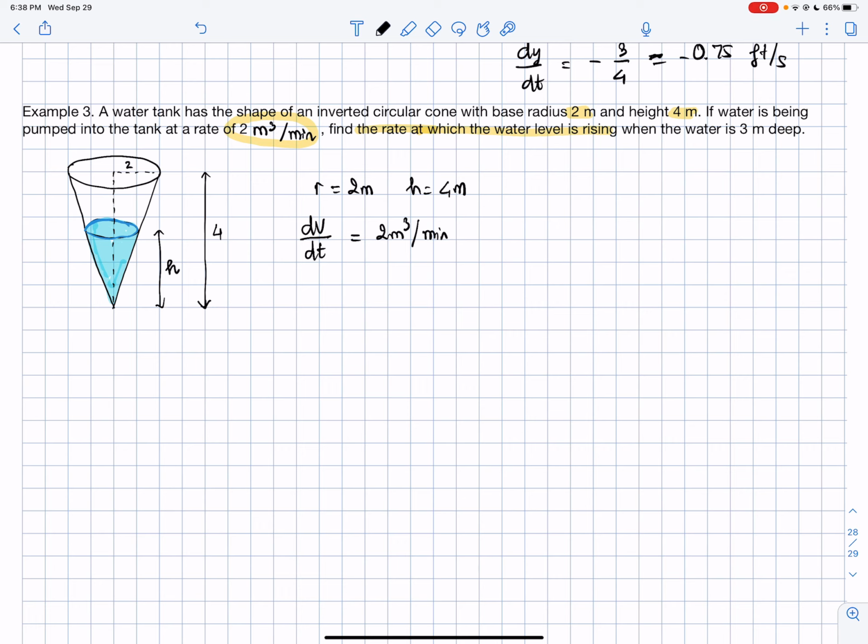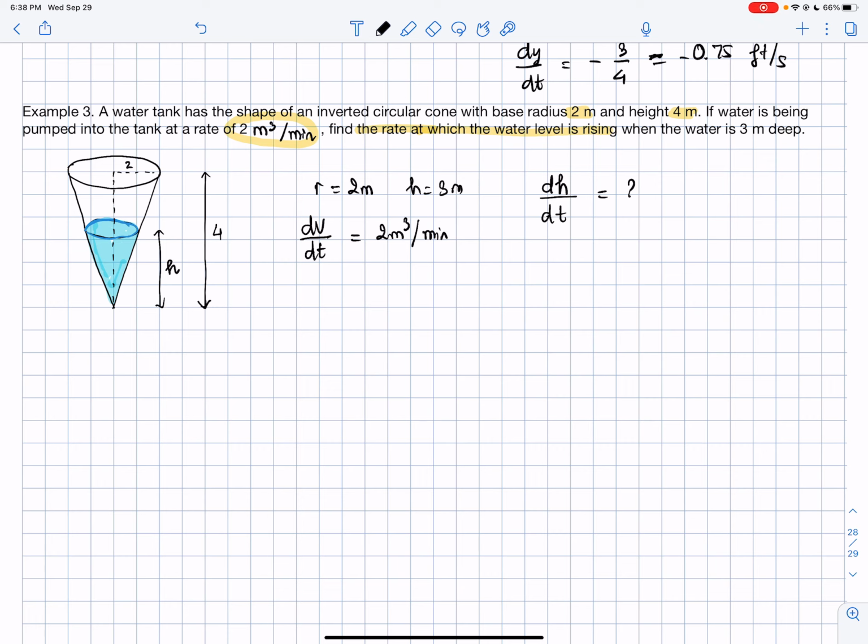So the question asks us to find dh with respect to the time t. And it's also giving us that h is 3 meters, not 4. The 4 means the height of the cone.